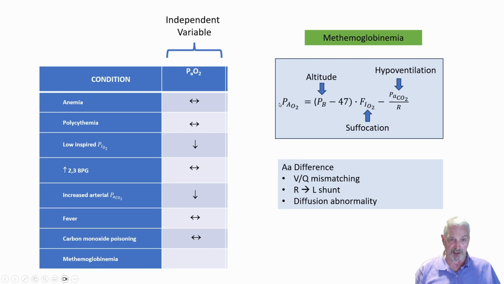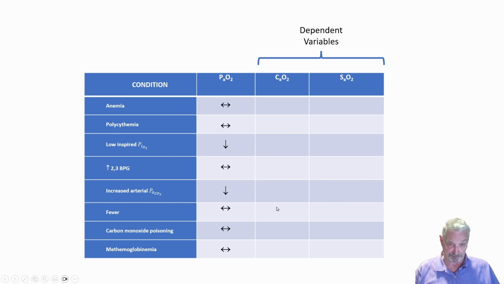And I just bet you can guess methemoglobinemia doesn't affect any of these six things, and so once again, it doesn't affect the P little AO2. And so this is our list, and only two of them affected P little AO2, which depends just on P big AO2 and the AA difference.